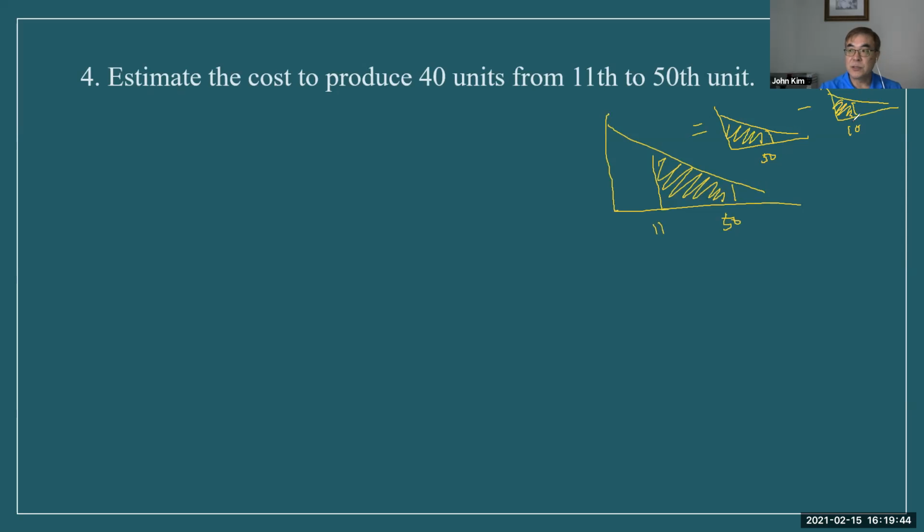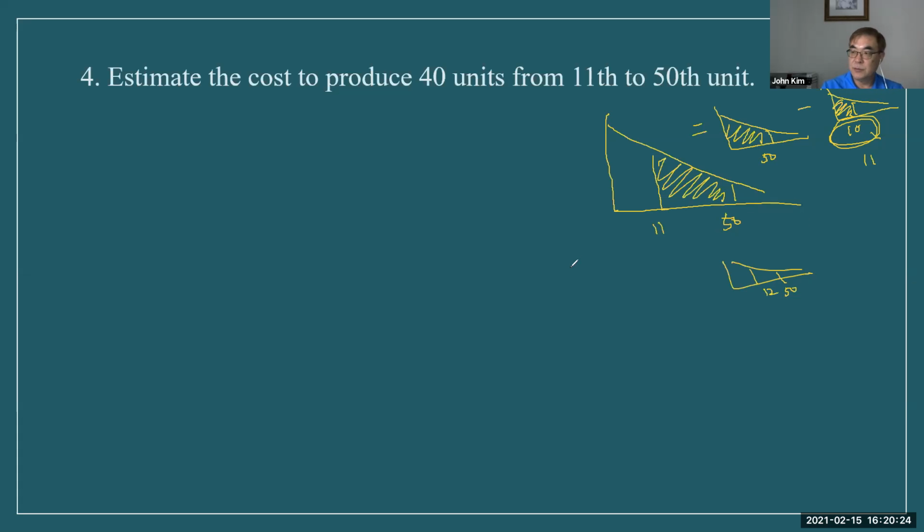So 50 minus 10 is 11 to 50. Sometimes students make a mistake with up to 11. If you subtract up to 11, that is the same as 12 to 50. So to find 11 to 50, subtract up to 10.